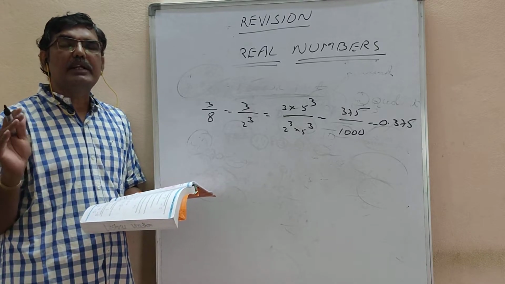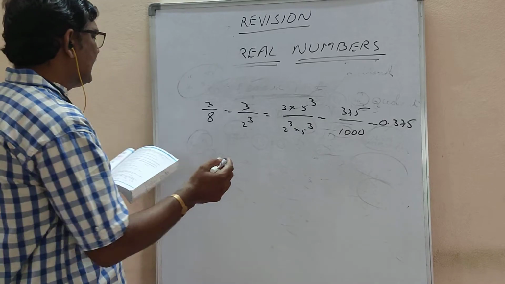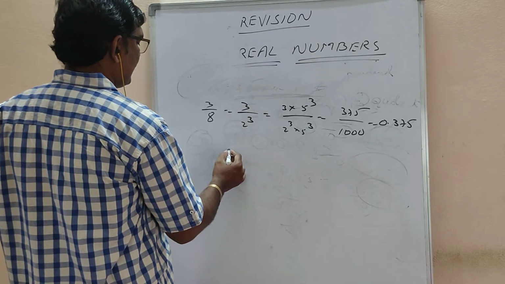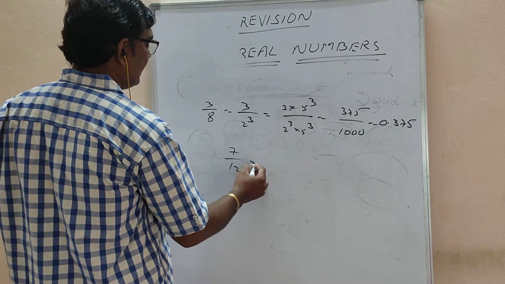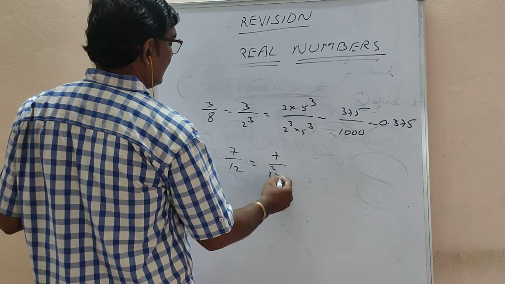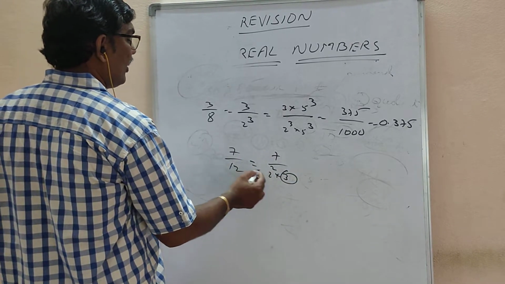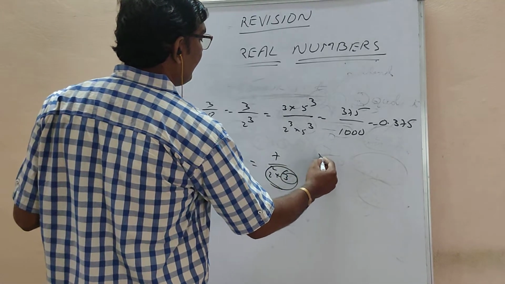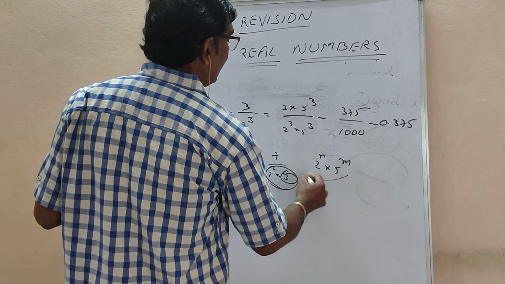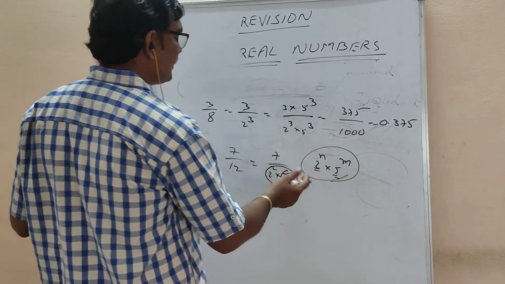If denominator is not in the form of 2 power n 5 power m, like 12 is there, some 7 by 12 is there. So 12 contains in prime factorization one more number 3 other than 2 and 5. If denominator is not in the form of 2 power n and 5 power m, only denominator should have either 2s or 5s or both.